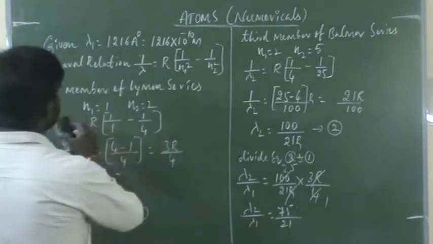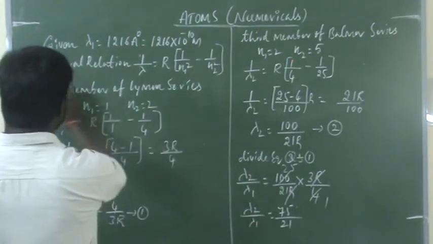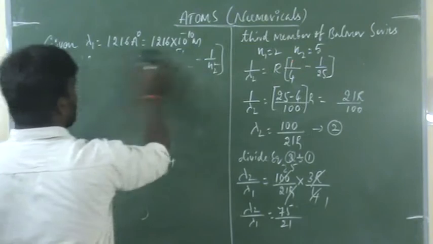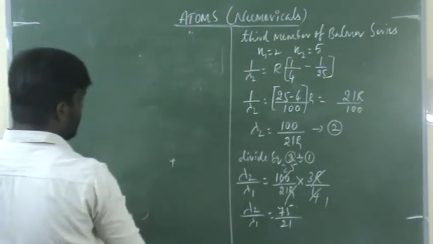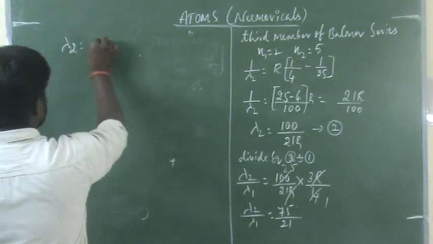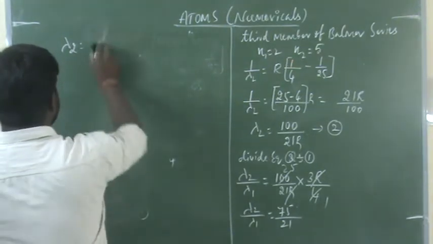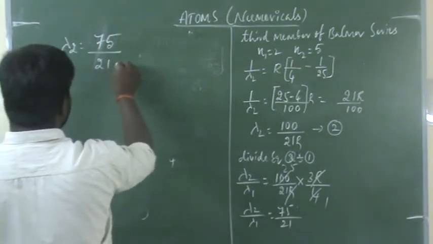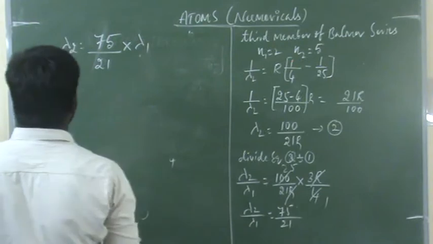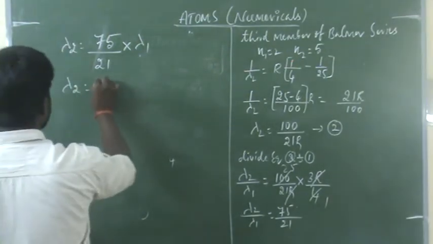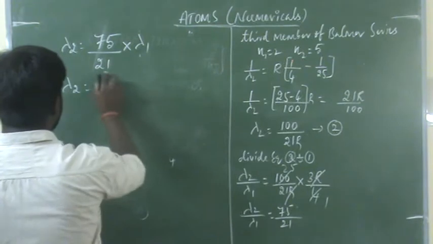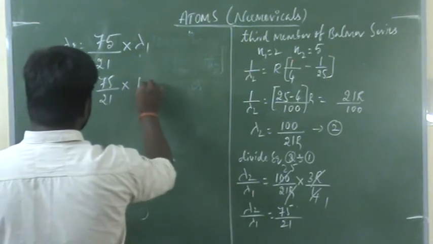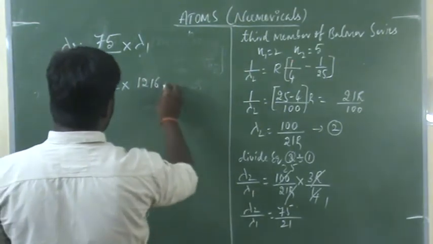So lambda 2 equals 75 divided by 21 into 1216 angstrom.